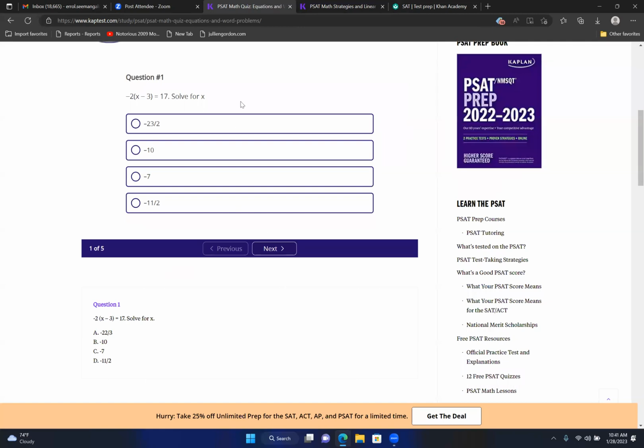Can you write on the screen? If you need to write on the screen, write on the screen. Did you distribute the -2 first? Yep. Distribute the -2 first.